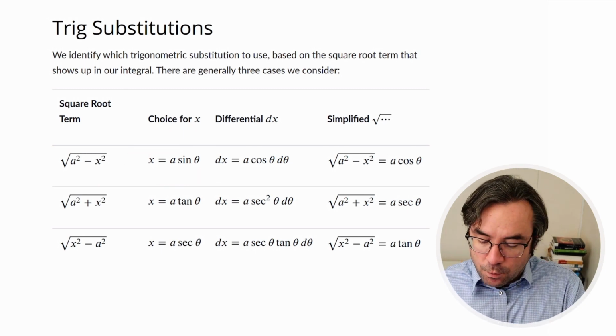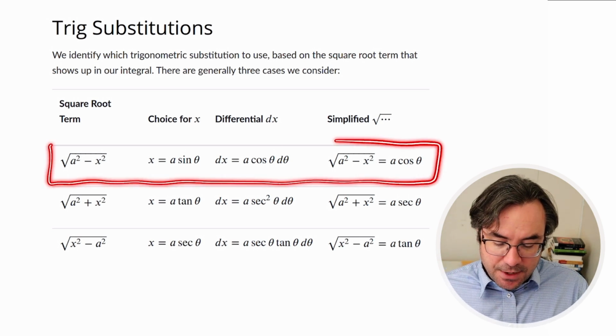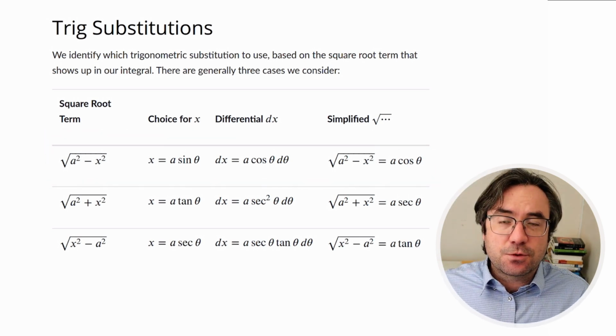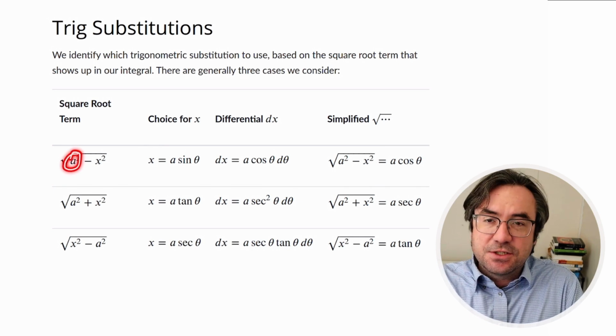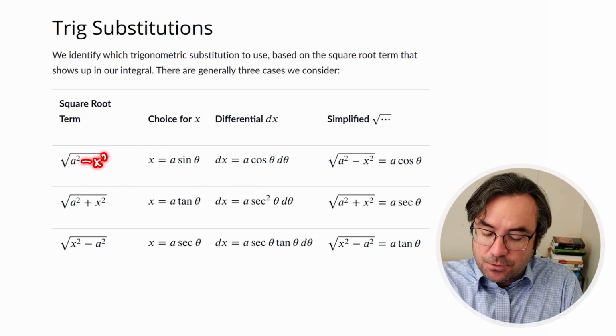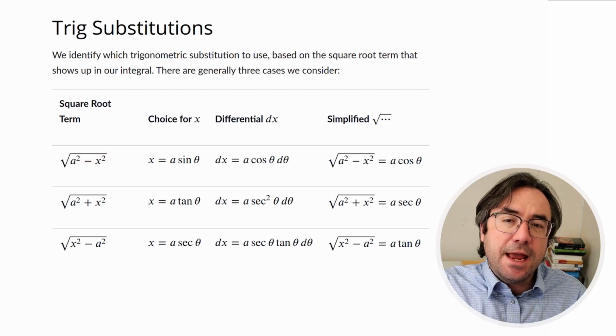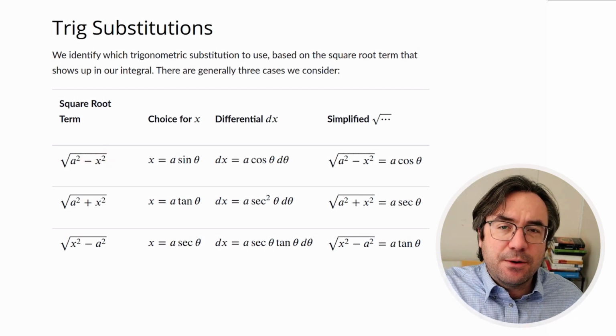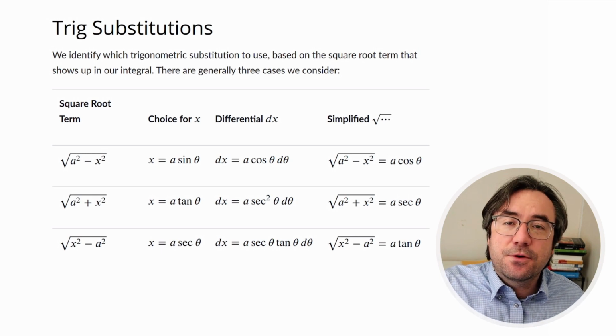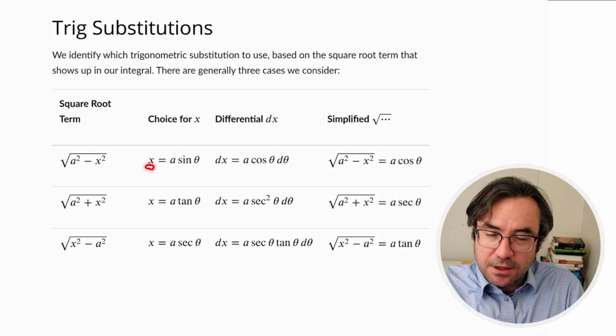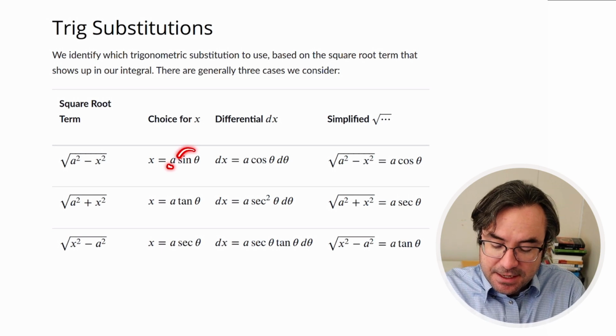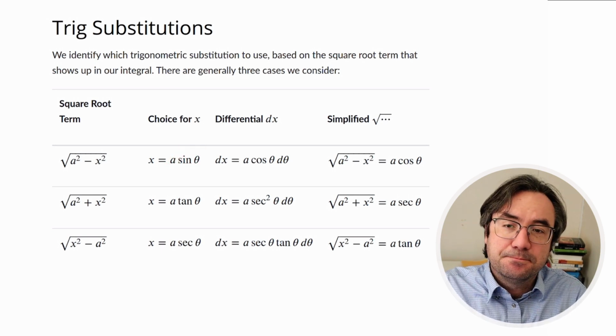The first example we're going to look at is for that first square root term, where we have a constant squared minus x squared. If that's the square root term we see, the choice for x that we're going to make for our substitution is we're going to let x equal a times sine theta.